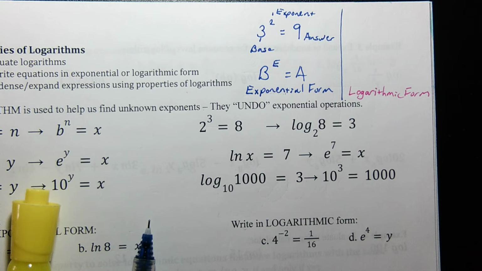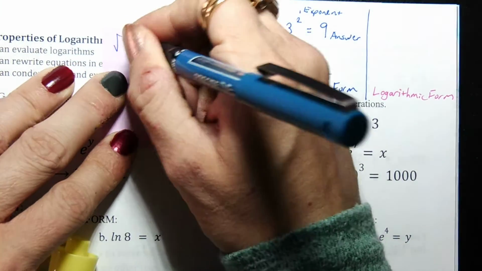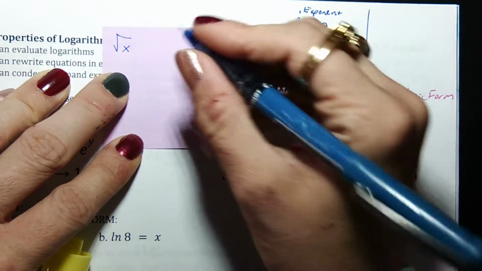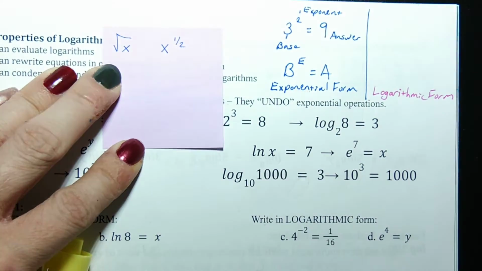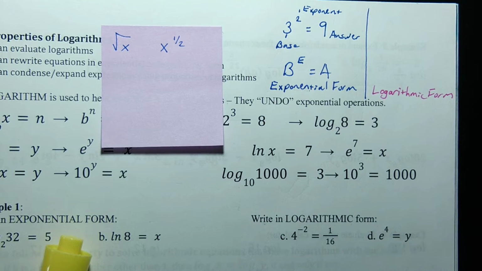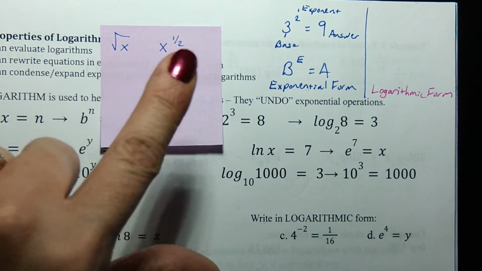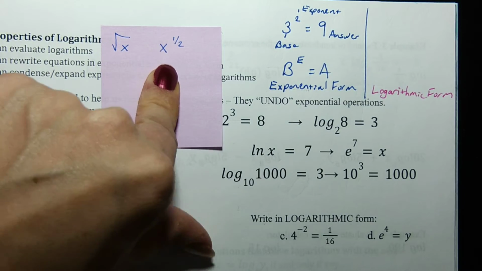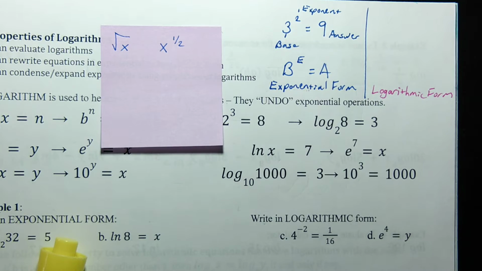So if I have the square root of x in radical form, in the last unit we said we could also write that as x to the 1/2 power, right? So this is radical form. This is exponential form. Now, we're going to go from exponential form to logarithmic form.